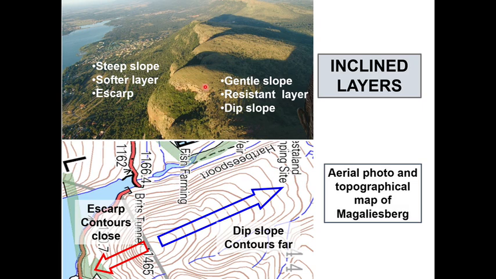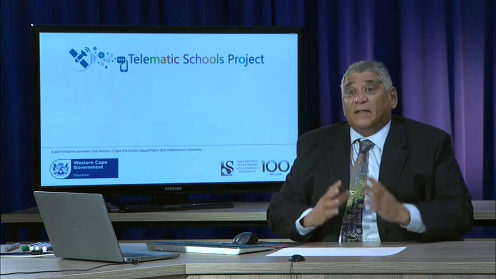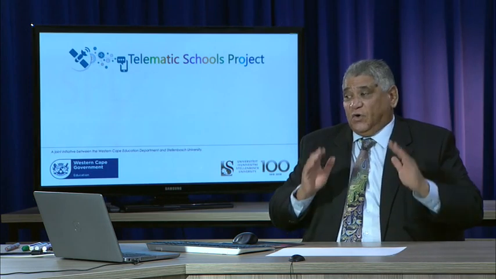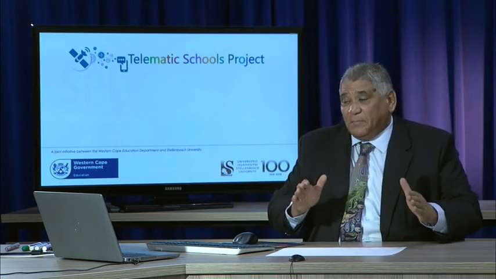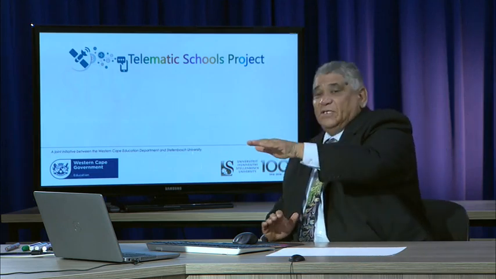But here, this rock is so hard, you can see it's exposed here, and erosion takes much longer, millions more years than in the softer layer. That is why on the one side you've got the escarp or the steep slope, and on the other side you've got the more gradual slope.